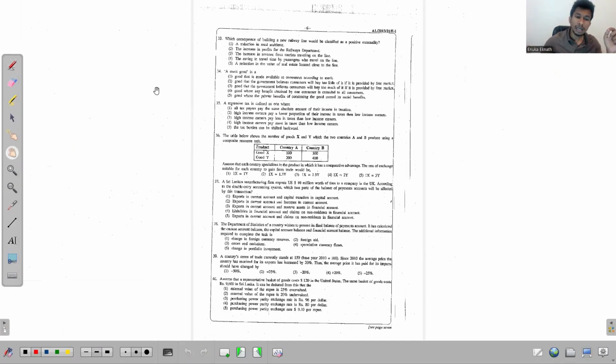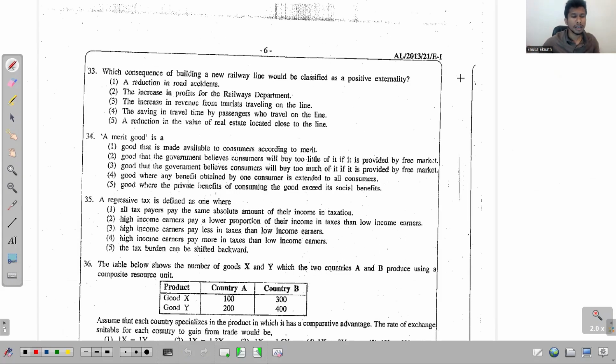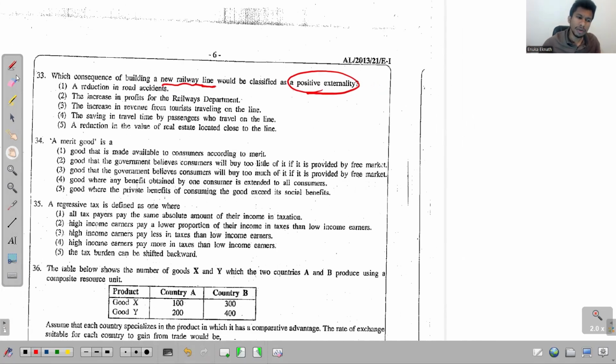Come to this question 33 now. In question 33, it says, which consequence of building a new railway line would be classified as a positive externality? Right. So the first question that I'm going to ask from you is the meaning of externalities.